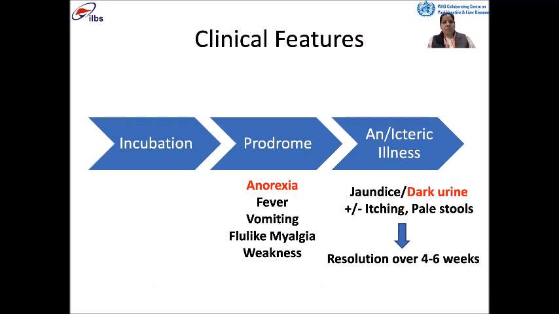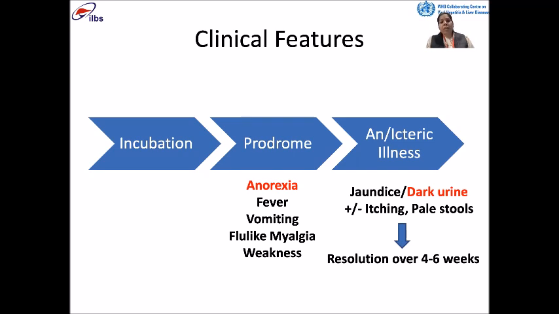Coming to the clinical features, we have the incubation phase, prodromal phase, and icteric illness phase. The incubation phase is where the virus enters the body, before signs and symptoms of clinical features appear.